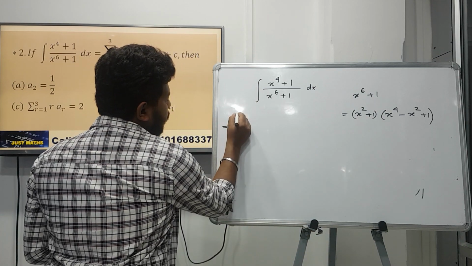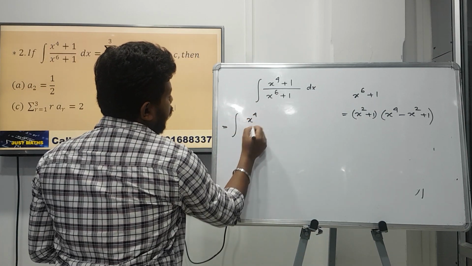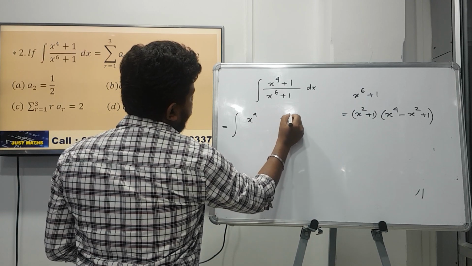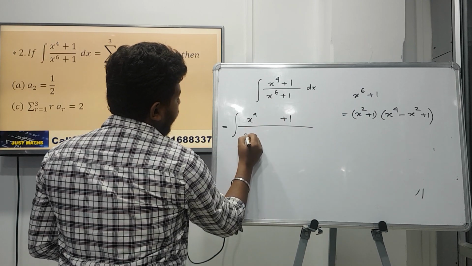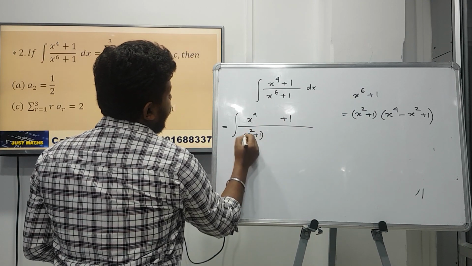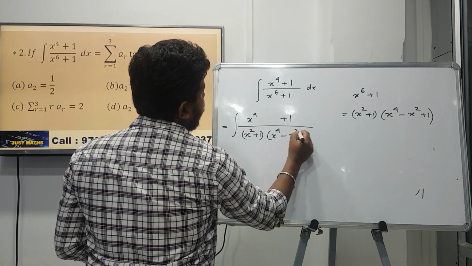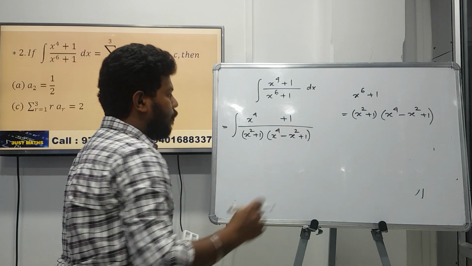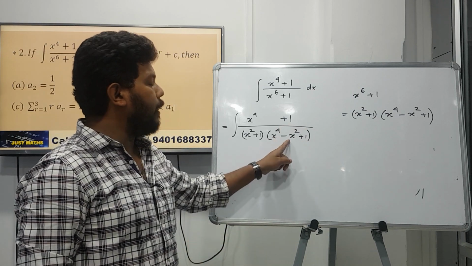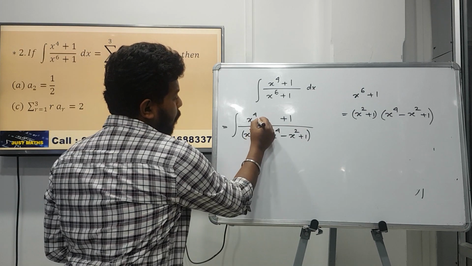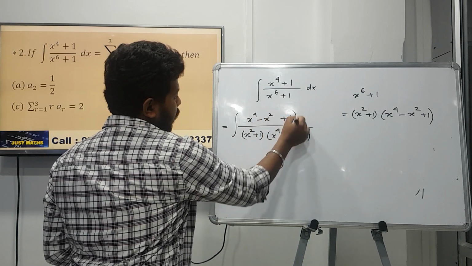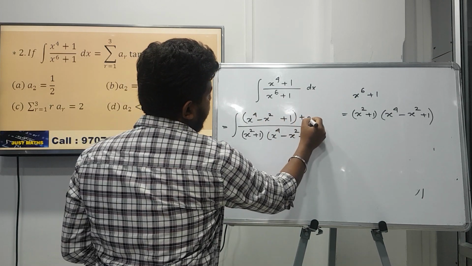So, if I write this, (x^4 + 1) divided by (x^2 + 1) multiplied by (x^4 - x^2 + 1). Now, this is x^4 minus x^2, so I write minus x^2 here and plus x^2.